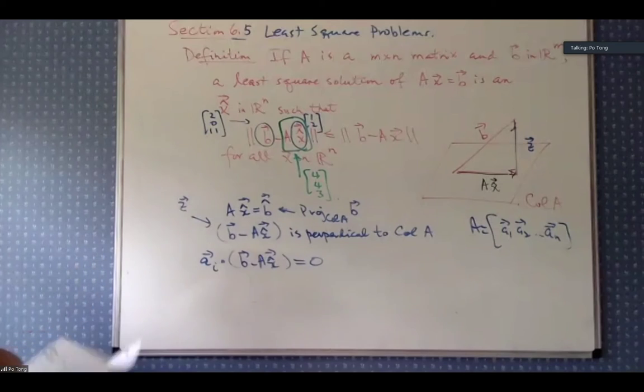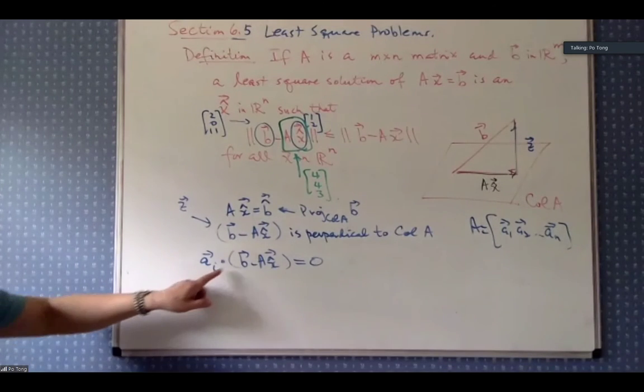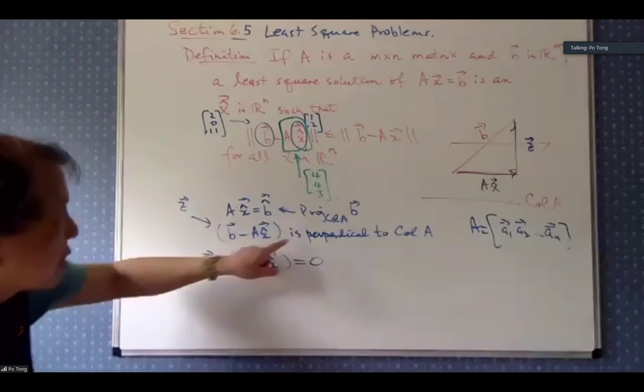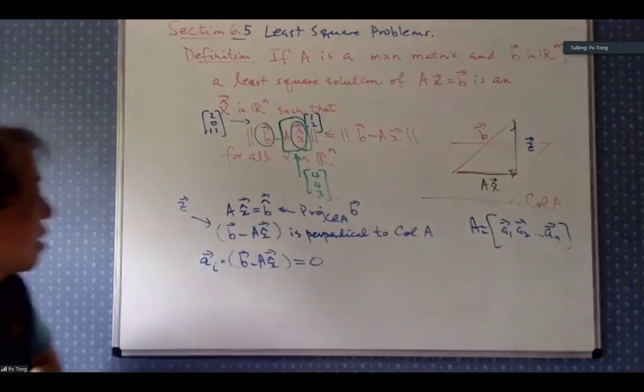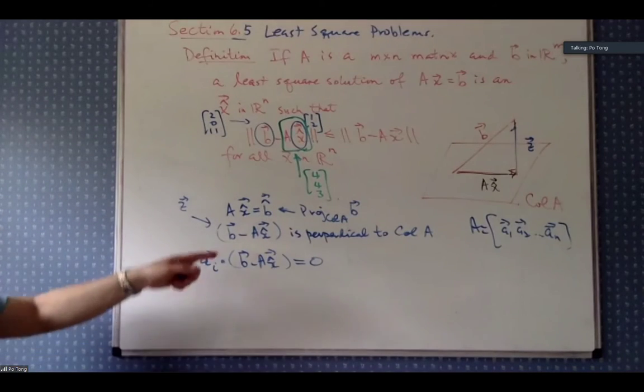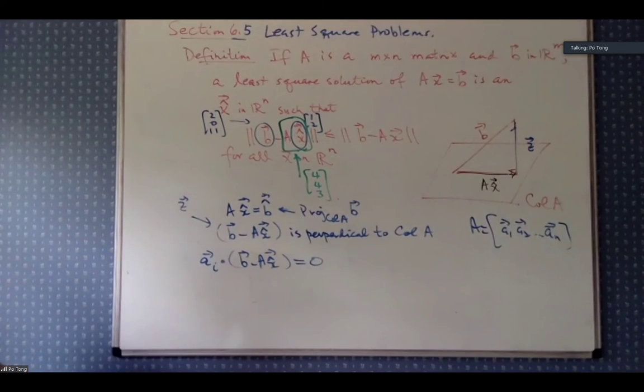This dot product is equal to 0 because this one is perpendicular to the column space of A, and the Ai span the column space of A. Hopefully you still follow.